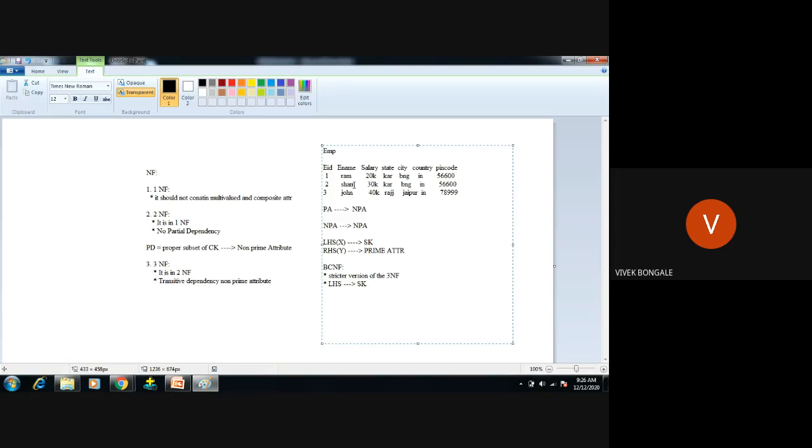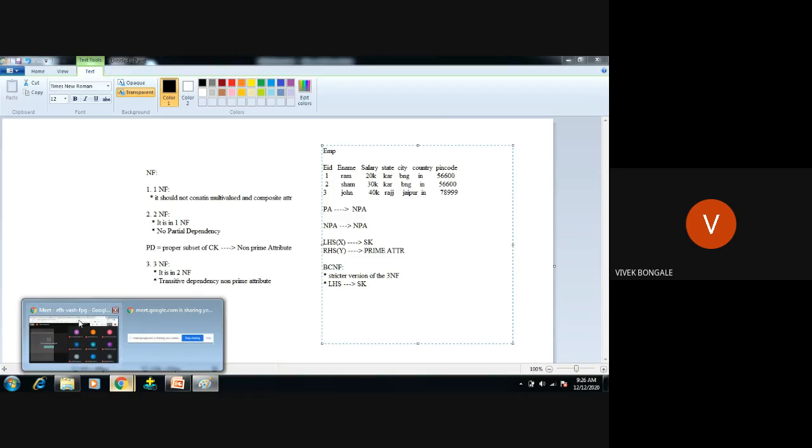This is how to check on the given table. First normal form, second normal form, then third normal form, then BCNF. This is just an overview of BCNF.